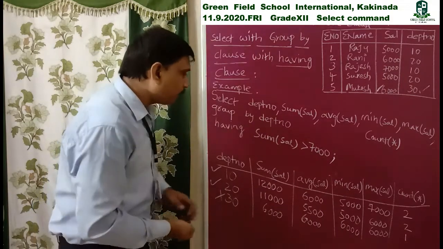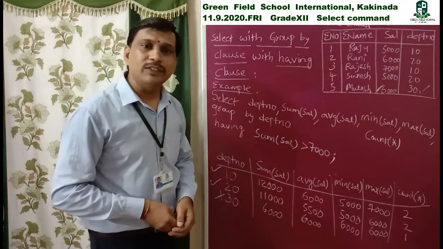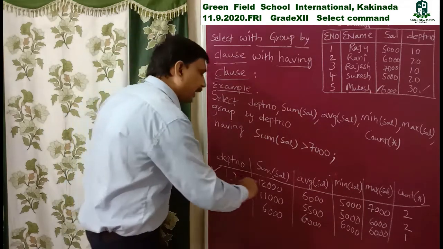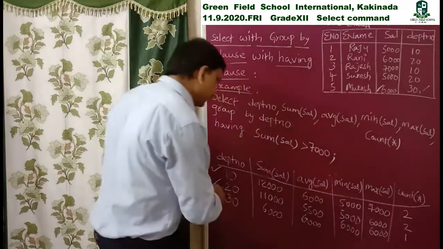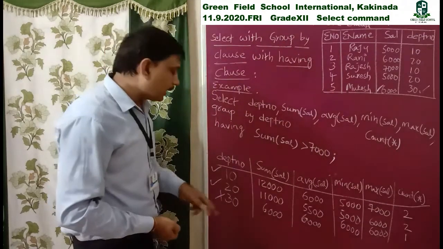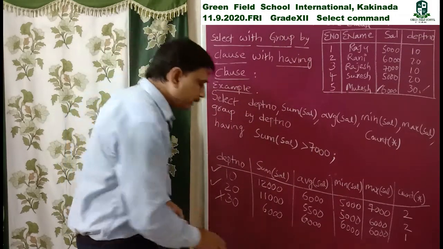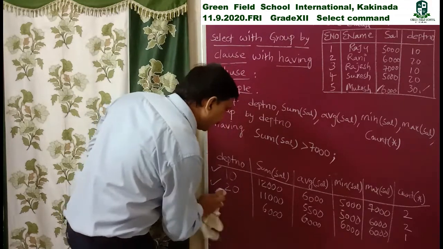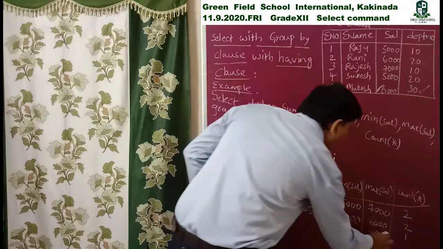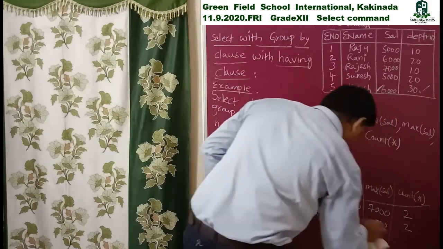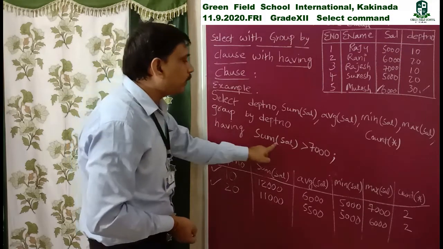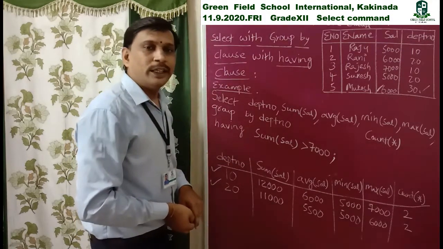The other row doesn't obey this condition. That's why only these two rows of tabular data are displayed, and department number 30 is not displayed. So the final output of this query, HAVING sum of salary greater than 7,000.